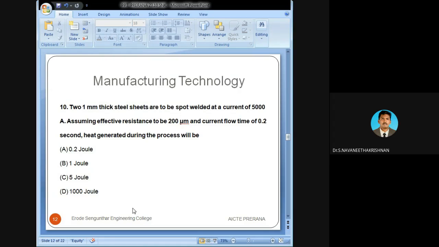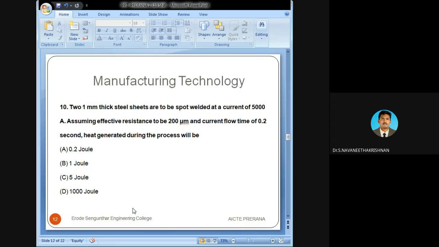The question is: two 1 mm thickness steel sheets are to be spot welded at a current of 5000 ampere, assuming effective resistance to be 200 micrometer and current flow time of 0.2 seconds.